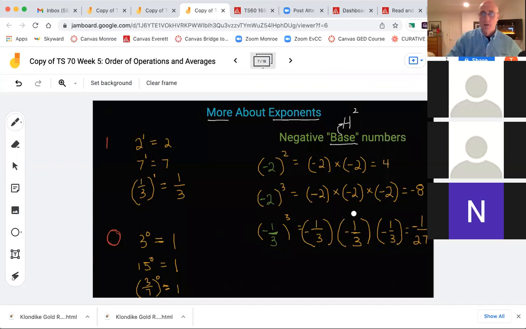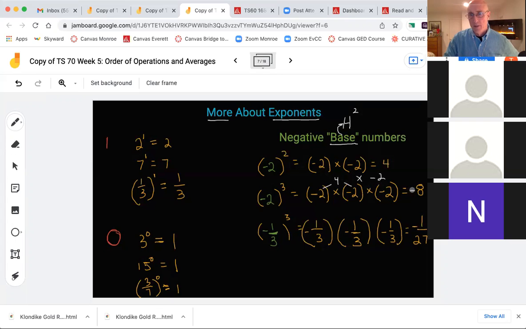Now let's think it through out loud. A -2 times a -2 would give me a +4, because a negative times a negative is a positive. So I'm just going to draw these lines up here that this would give me that times a -2 again. You notice I have a positive times a negative, and that was the one rule that you always get a negative answer. 4 times 2 is 8, and it's going to be a -8.